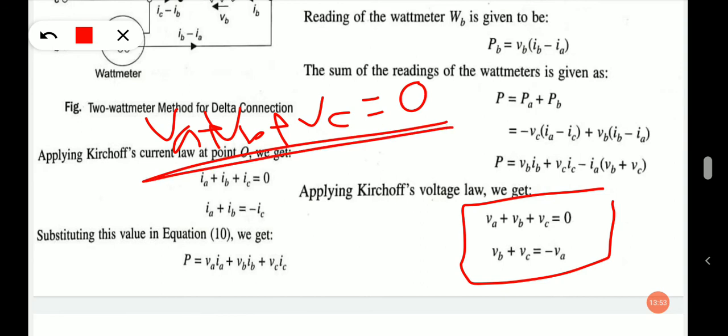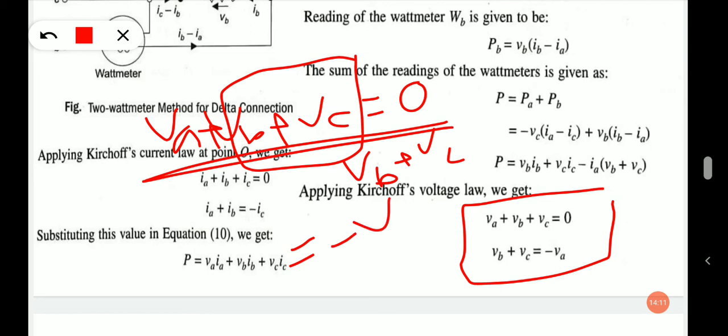This is the statement for applying Kirchhoff's voltage law to the circuit of delta connection. So from this expression we can write VB plus VC equals minus VA.